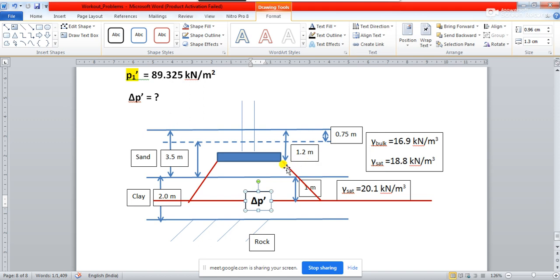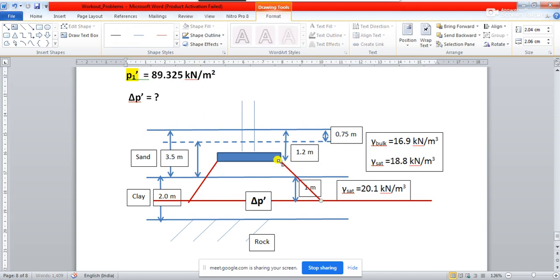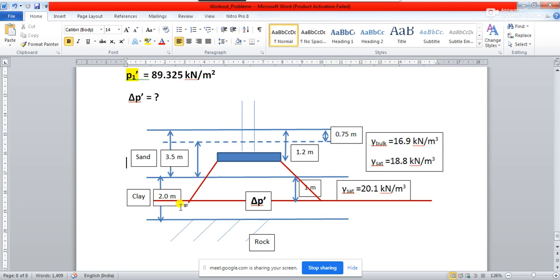What we are doing is simply taking the trapezoidal load distribution as we have understood earlier, and this load distribution, whatever you see on the front side, will also happen on the other sides, right? As I explained in the previous class, this will also happen over an area with length equal to L plus Z and breadth equal to B plus Z. So our concentration point should be here.